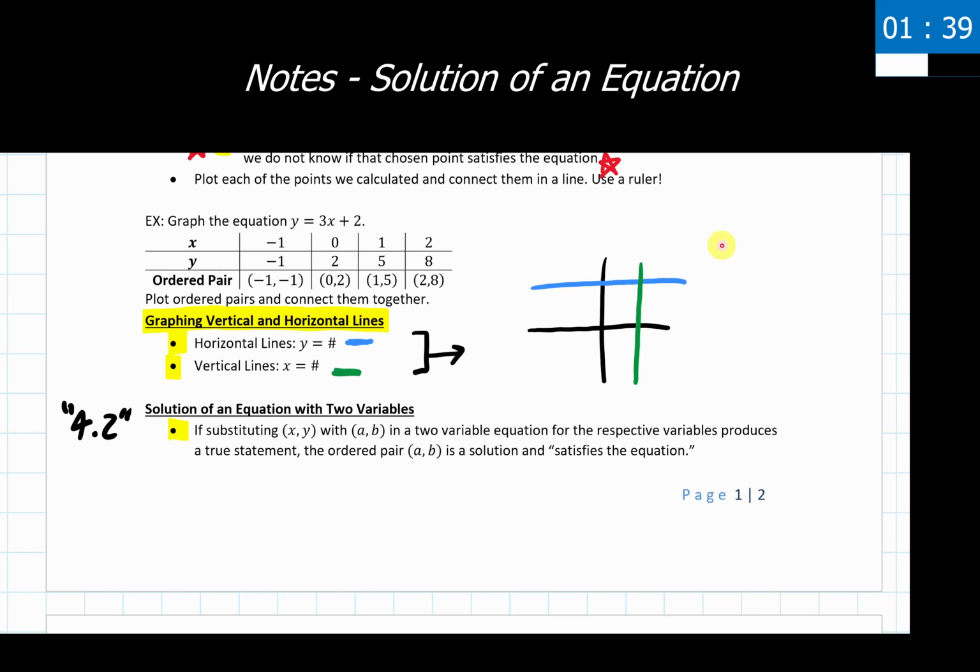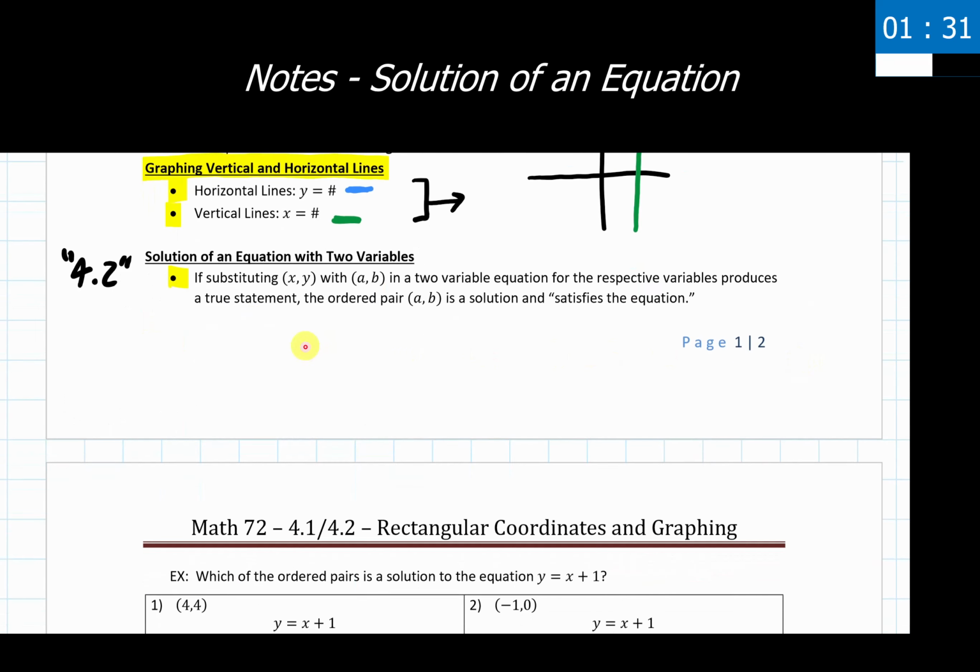Now, the last major part that we want to talk about with this material, which is kind of tacked on at the second half of 4.2, is finding a solution to an equation when we have 2 variables showing up in it. We're generally going to be given an equation and asked, are any of these points solutions to the respective equation?